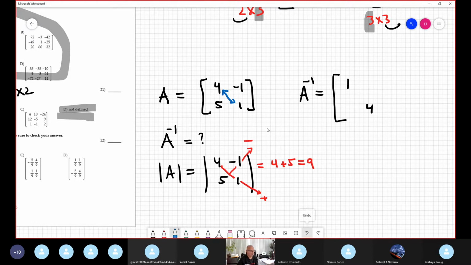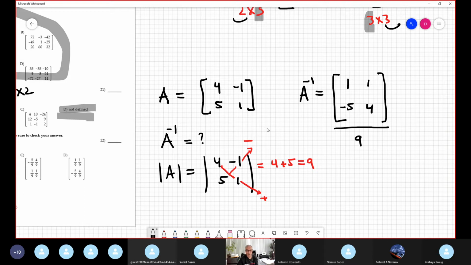And you don't change the sign of those, so the same sign but interchanged. The other two stay in place but you change the sign. It's -5 and +1. And divided by 9, which is the determinant.